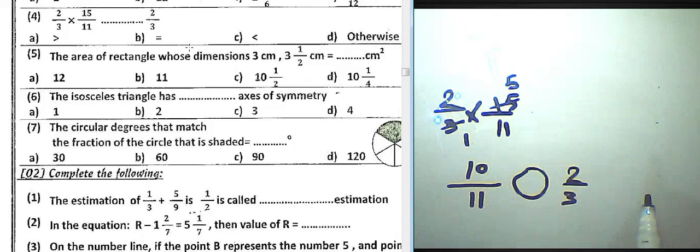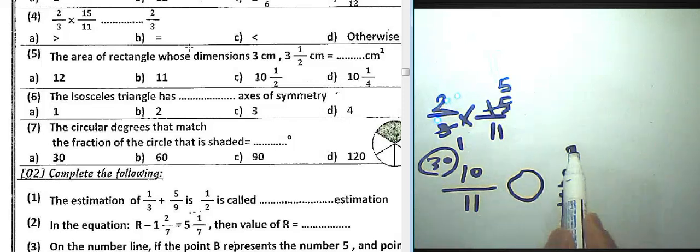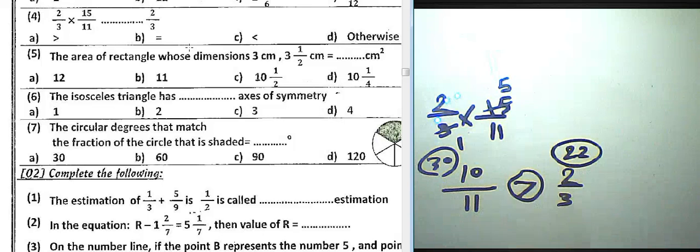We can compare between them by finding the least common multiple of the two denominators, or the product of extremes equal product of means. We know 3 times 10 equals 30, and 11 times 2 equal 22. Then 30 will be greater. We must choose letter A.